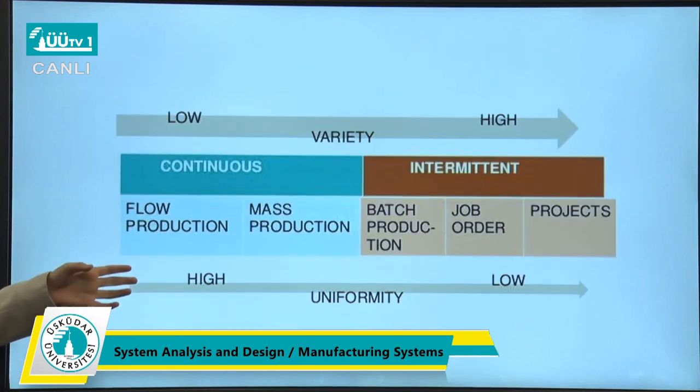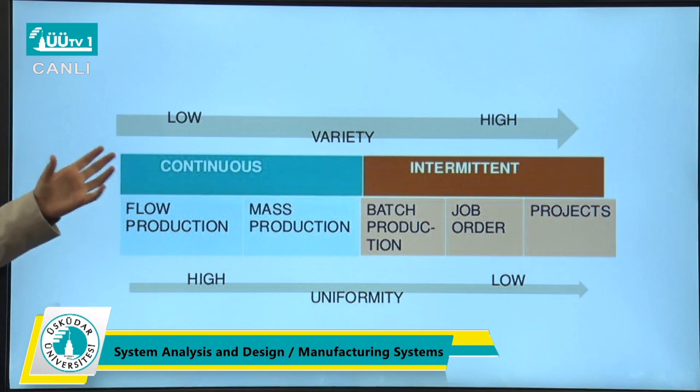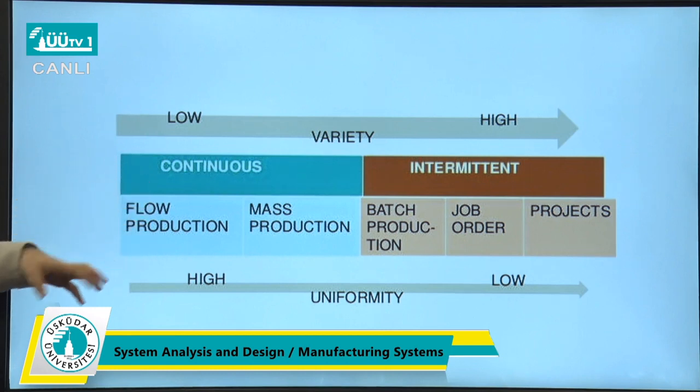So here we have one very critical representation that shows the difference between the continuous manufacturing systems and the intermittent manufacturing systems. In terms of variety, when you look at the continuous manufacturing system, the variety is very low for the flow production and the mass production.